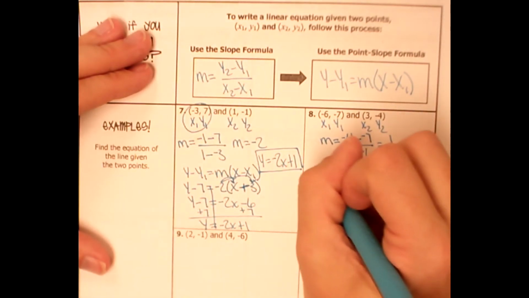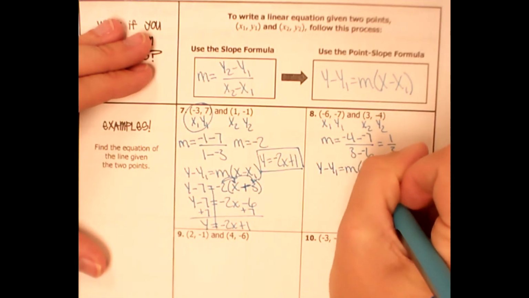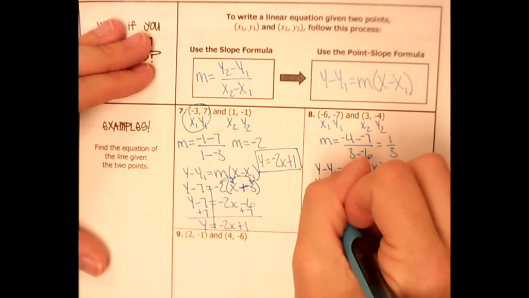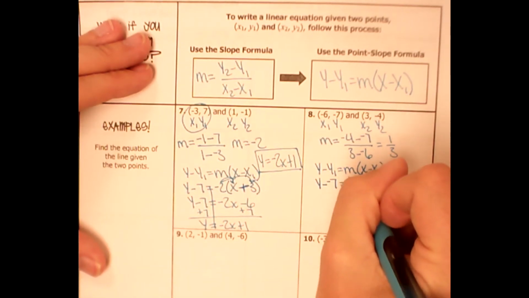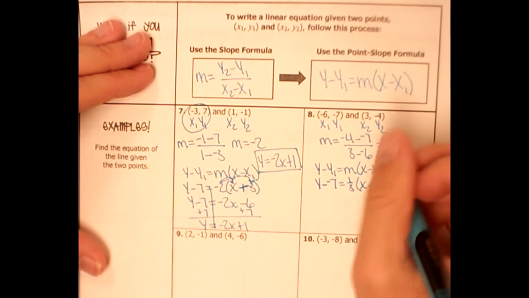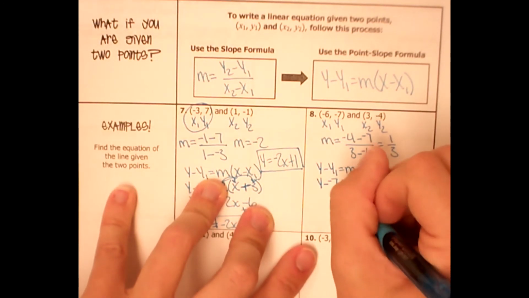So then we're going to solve y minus y1 is equal to m times x minus x1. Substitute in y minus y1, which is negative 7, is equal to 1/3 times x minus x1, which is negative 6. And we're going to solve.